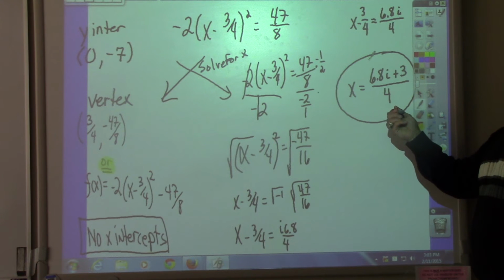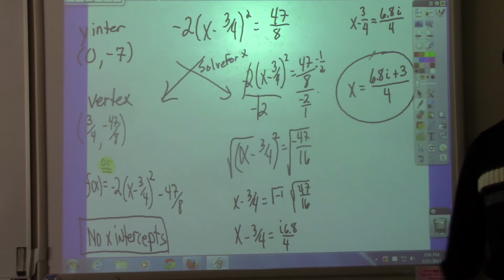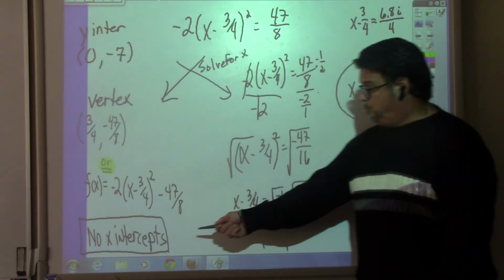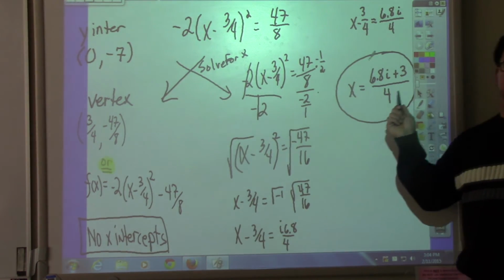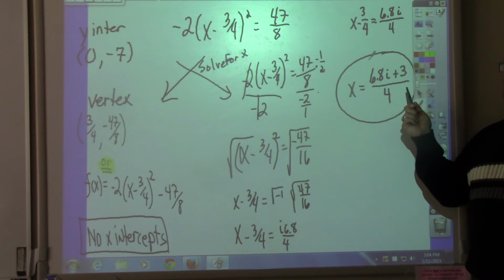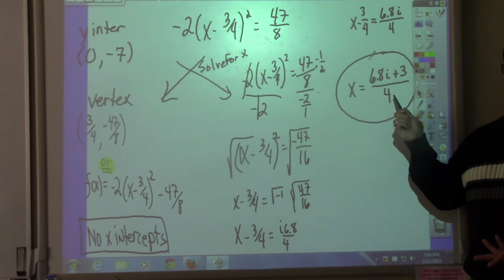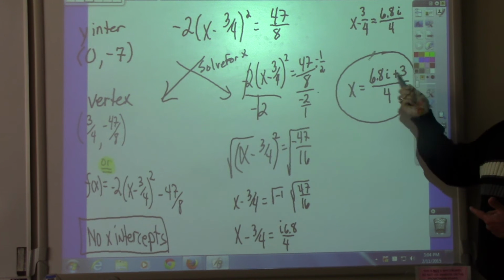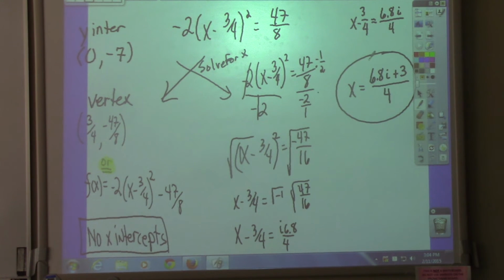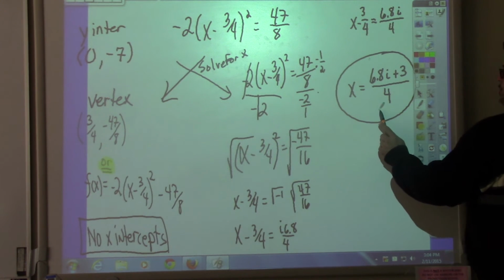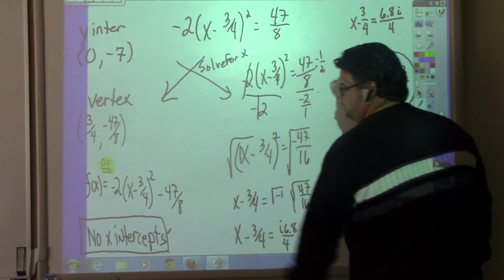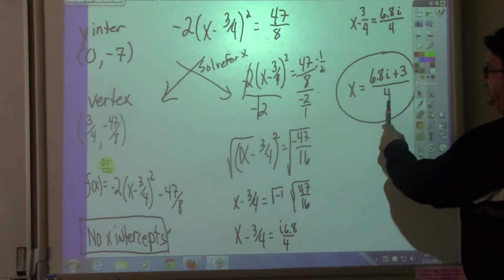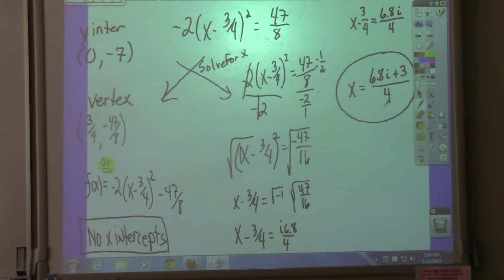No. Because you already know what you need to know for the graph. This is just a way of writing it and not have negative square root of negative 1 in the denominator and in the radical. That's what this is. So you need to get used to doing this, but as far as the graph goes, finish it out like that, just so you know how to do it.